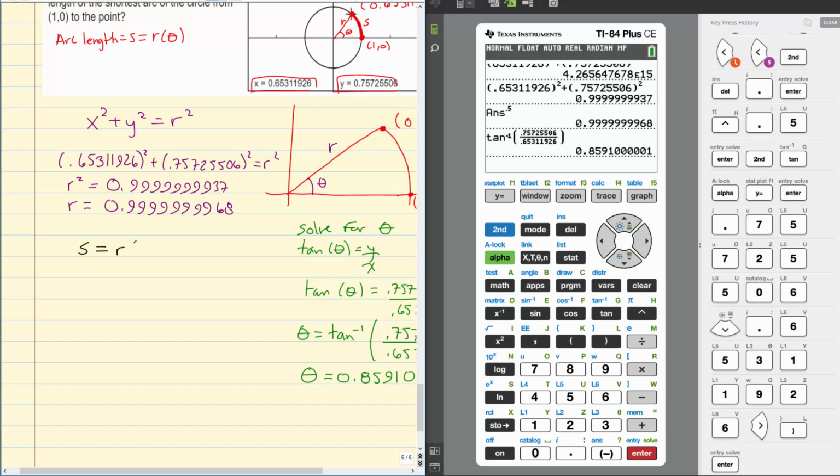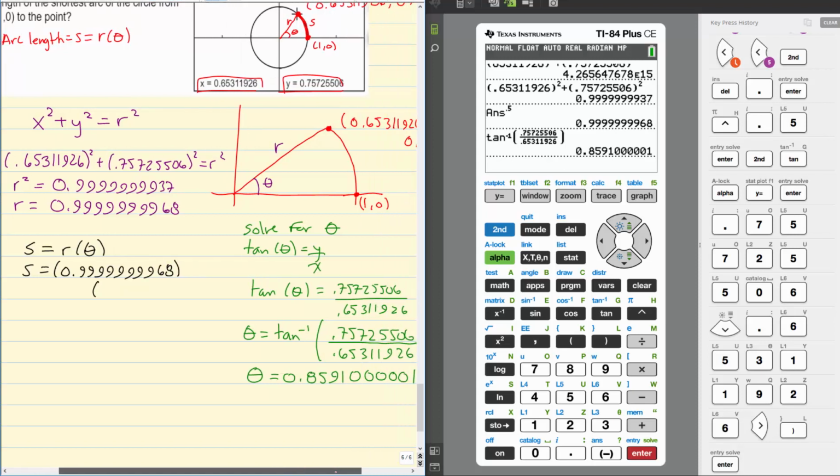So if I want to find my answer now, that arc length, remember S is equal to r theta. So arc length is equal to my radius, and I don't want to do any rounding. And then theta, I'm running out of room here, so I'm going to write it right below. I'm multiplying these.